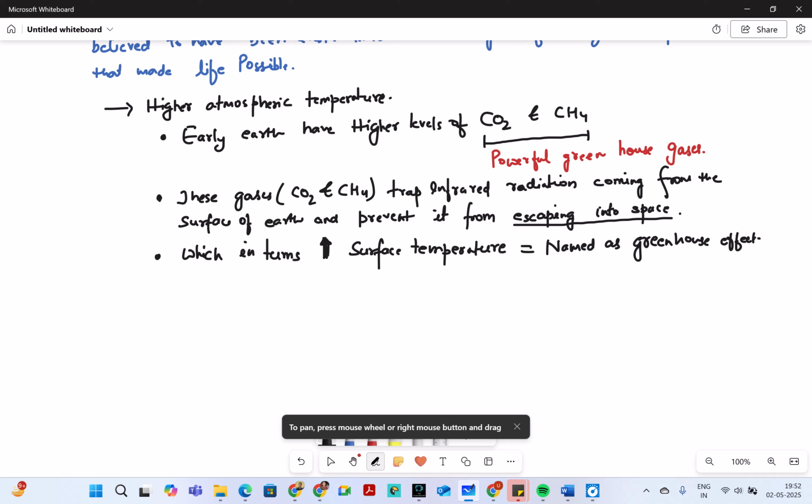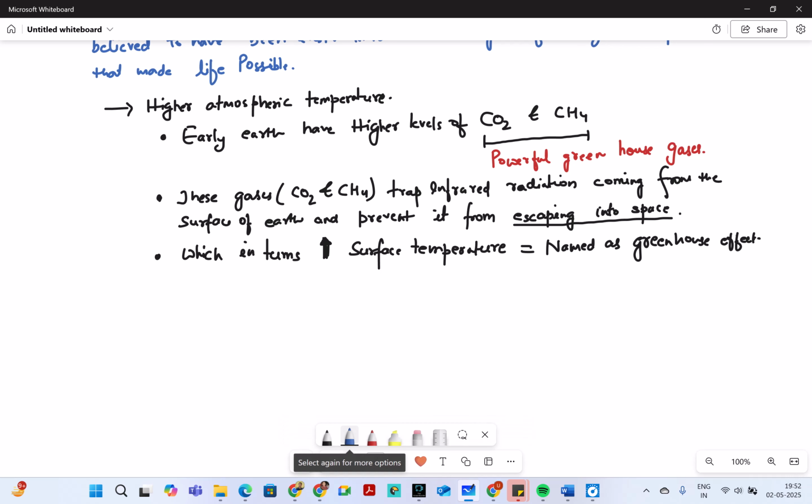That was natural pollution because of volcanic eruptions, earthquakes, forest fires. These were natural processes, and these are the things responsible. Now let's talk about the second factor. The first factor was higher atmospheric temperature, and we have discussed how it is created. Next is UV radiation.